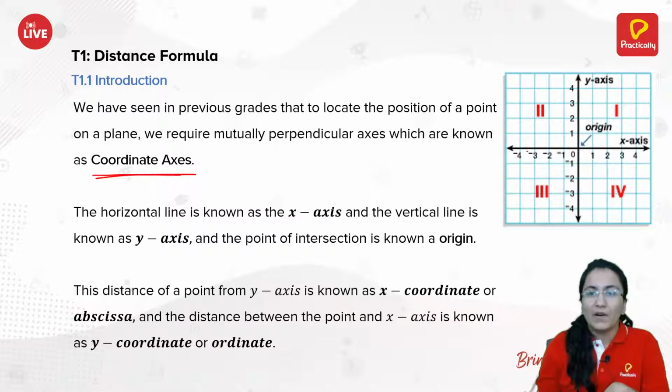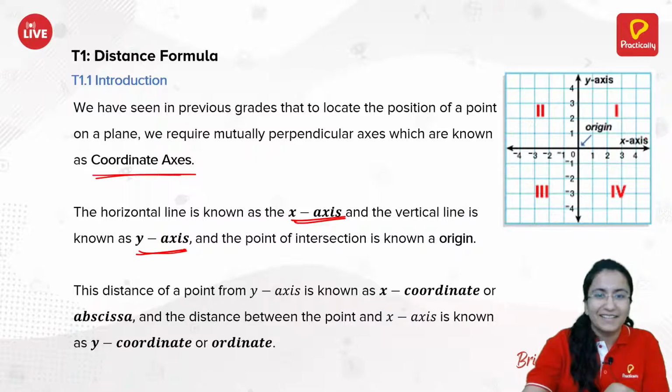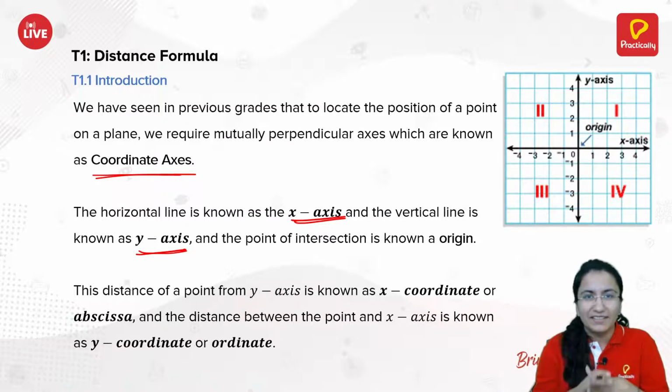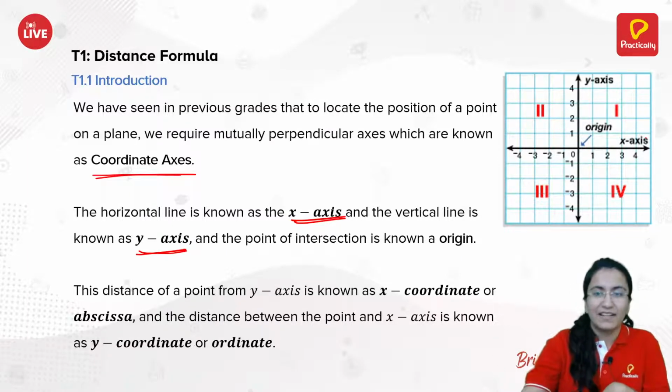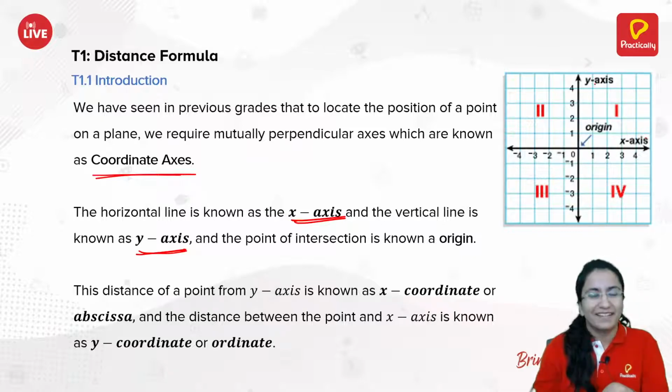This horizontal line is known as the x-axis and this vertical line is known as the y-axis. In junior classes you might call these the sleeping line and the standing line, right? The sleeping line is the x-axis and the standing line is the y-axis.